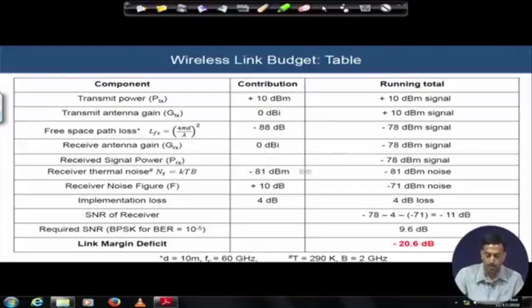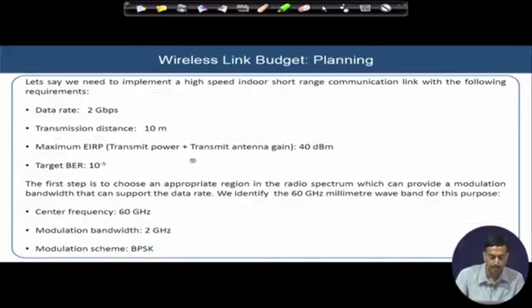Now we go on to calculate the noise. The thermal noise, as I said, is given by the expression KTB at the receiver. So we substitute the value of Boltzmann constant. The temperature in degrees Kelvin is assumed to be 290 K, which is usually a standard value, and the bandwidth, which is already specified, is 2 gigahertz.